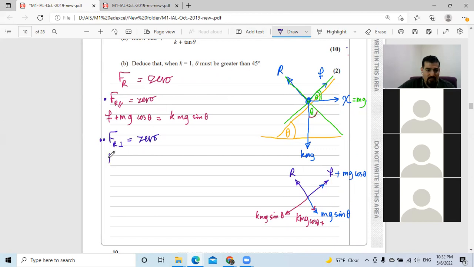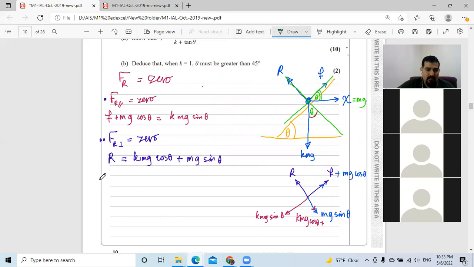That means the normal reaction R is equal to kmg cosine theta plus mg sine theta.